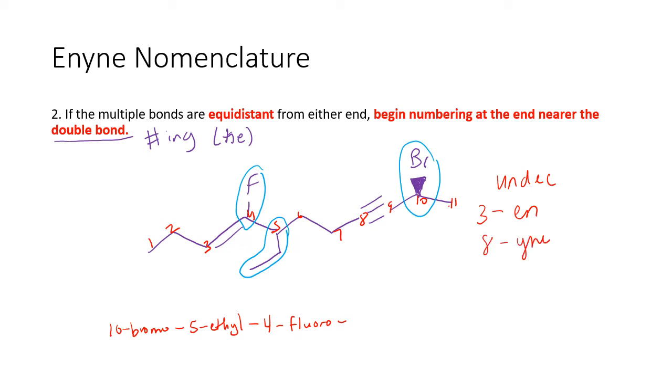So remember, there's no E here after the double bond. We drop that. So we're going to have 3-undec-en, 8-yne. 3 tells us the position of the double bond, 8 tells the reader the position of the triple bond.